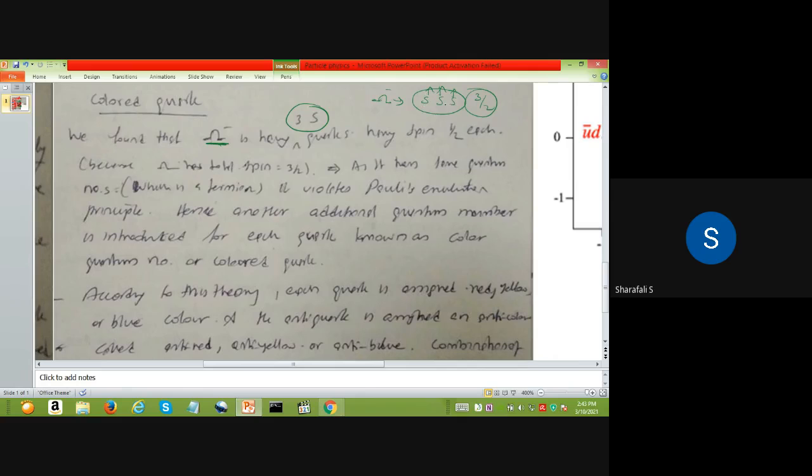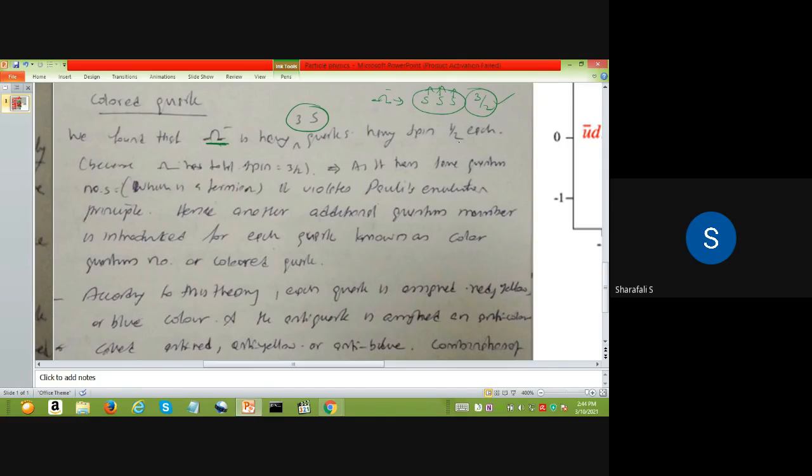Omega minus has a strangeness of minus 3, because s has a strangeness quantum number of minus 1. So with 3 s, minus 3 is the strangeness value, and 3 by 2 is the associated spin. Hence, because the total spin is 3 by 2, these 3 quarks should have spin up.